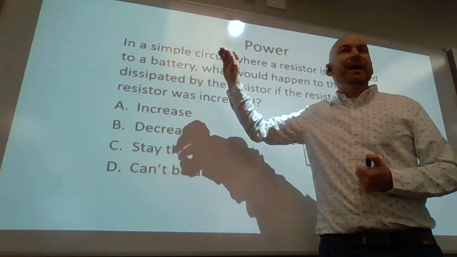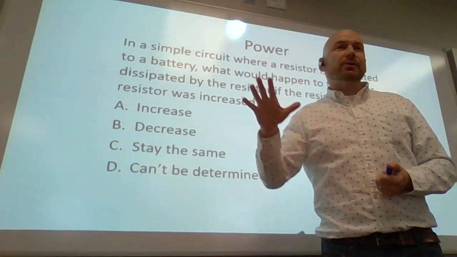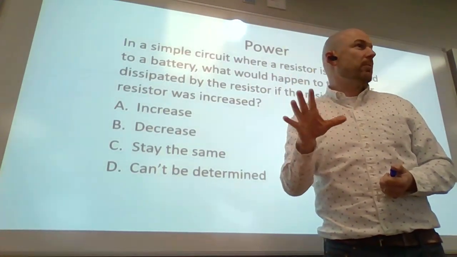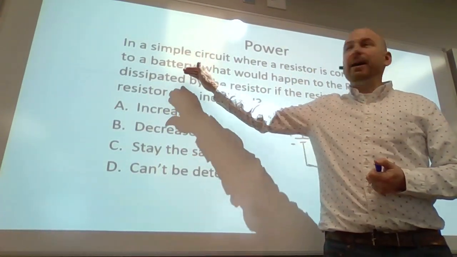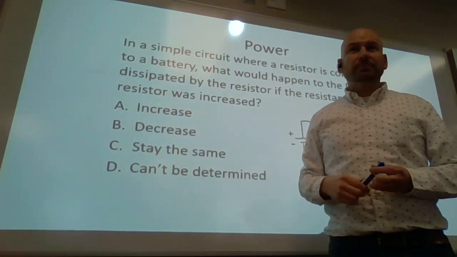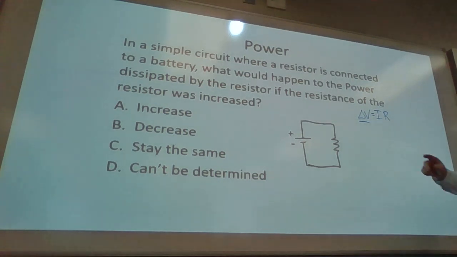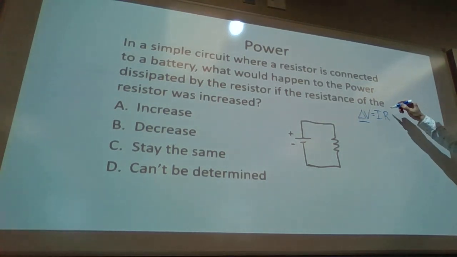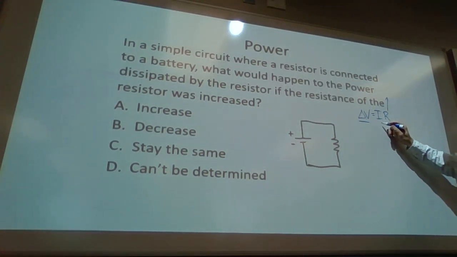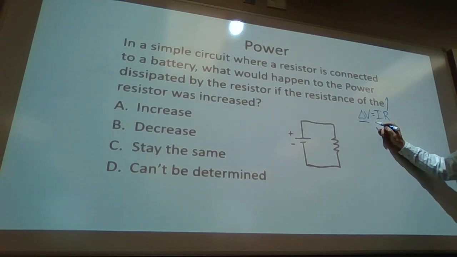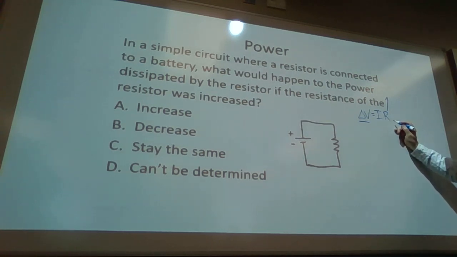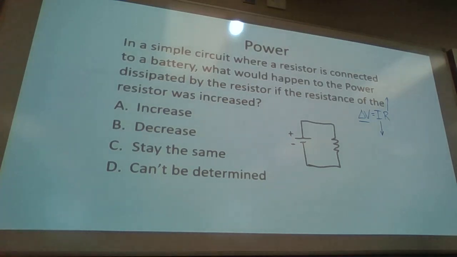Whatever the power supply is, that determines the pressure. If you're not changing the battery, you're not going to change the voltage. So the voltage stays the same. Our resistance is increasing. Therefore, if voltage stays the same and resistance increases, current decreases. That makes sense mathematically?